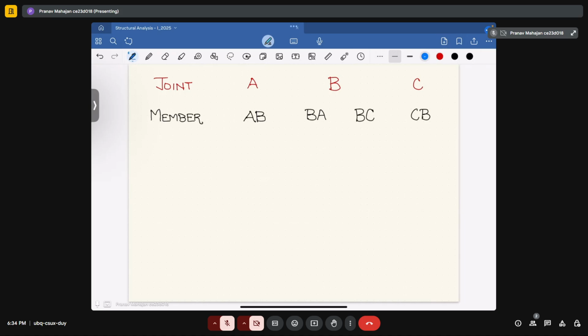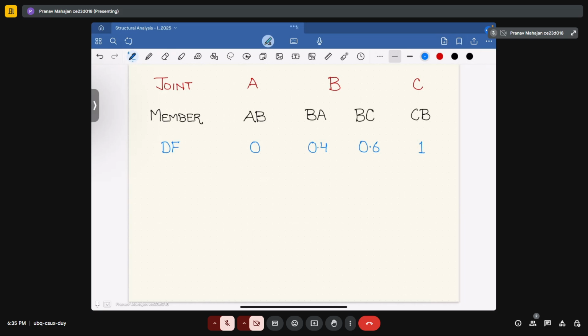Now we will define the distribution factor for each member. So in this case, AB is a fixed member, so the distribution will be 0. For BA and BC, we have calculated it to be equal to 0.4 and 0.6 respectively. And in case of C, since it is a hinge end, you will get the distribution factor to be equal to 1.